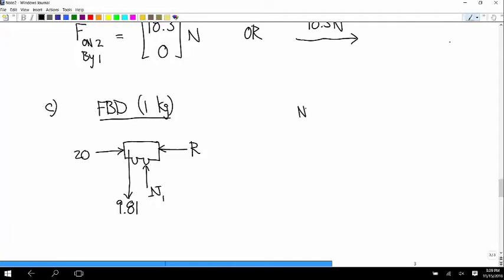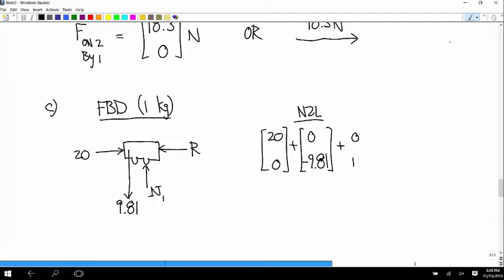Okay, so Newton's second law says (20, 0) plus (0, negative 9.81) plus (0, N1) plus (negative R, 0) is equal to the mass times the acceleration, (1.6 repeating, 0).